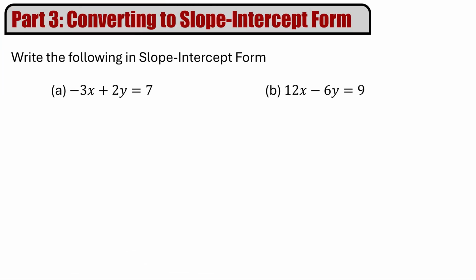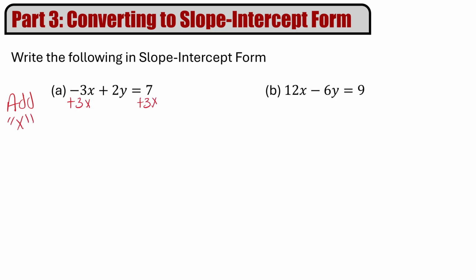Now let's practice converting equations into slope-intercept form, which is y equals mx plus b. Our goal is always to solve for y. Starting with example 3a. To convert to slope-intercept form, first, we want to get the 2y by itself.